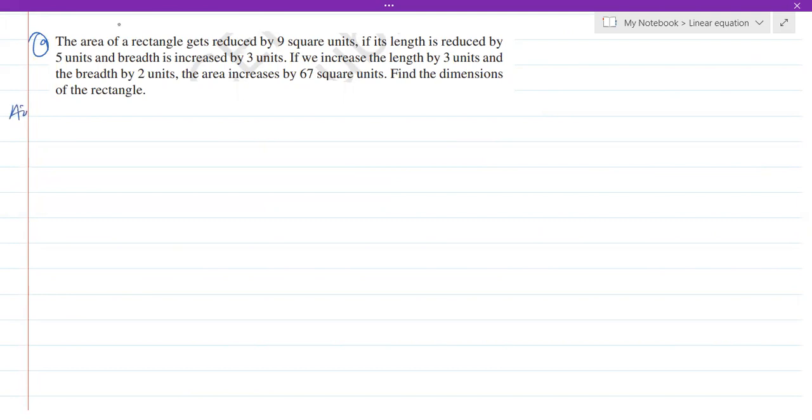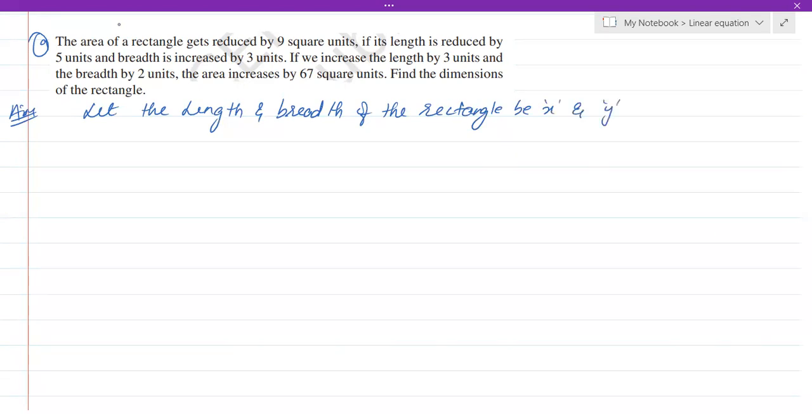Let the length and breadth of the rectangle be x and y respectively. The length is x, breadth is y.